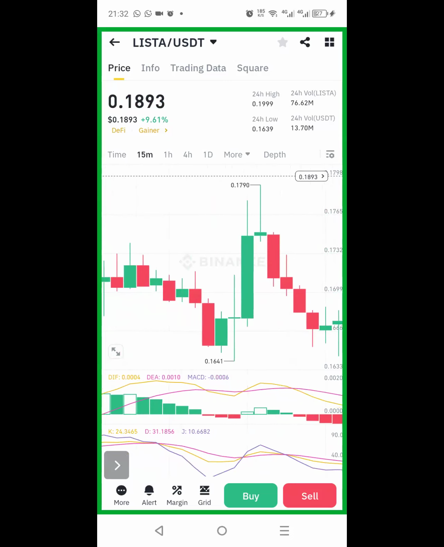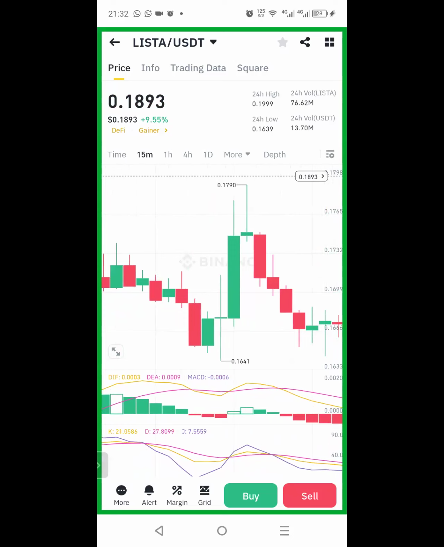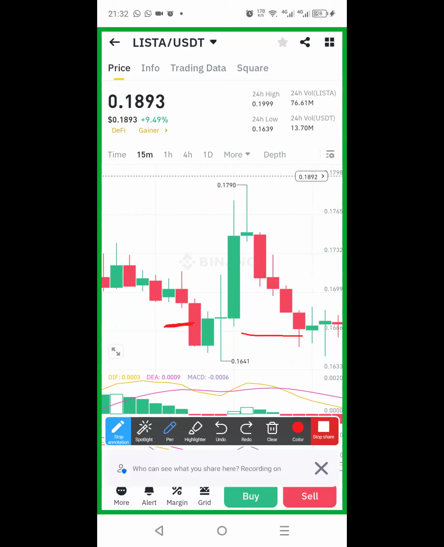So if you look at this chart now, this green candle that I just put an arrow on, the highest price this particular coin went to on this 15-minute candle is around here.